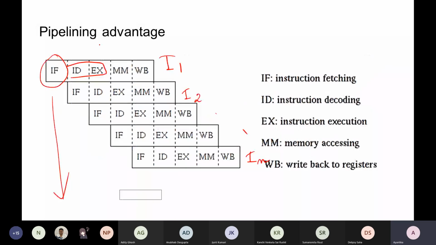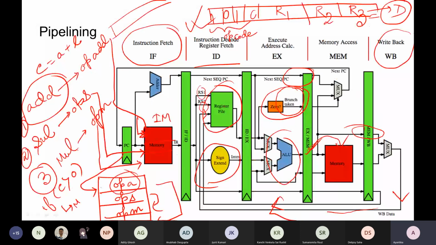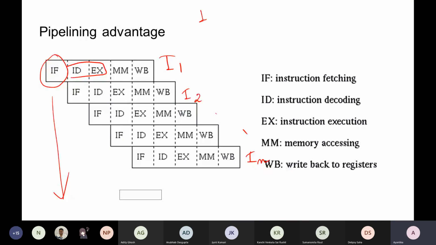If I had a plan that I will first complete all 5 stages of instruction 1, then go to instruction 2, then when I am in the instruction decode stage of the first instruction, my instruction fetch hardware was sitting idle.